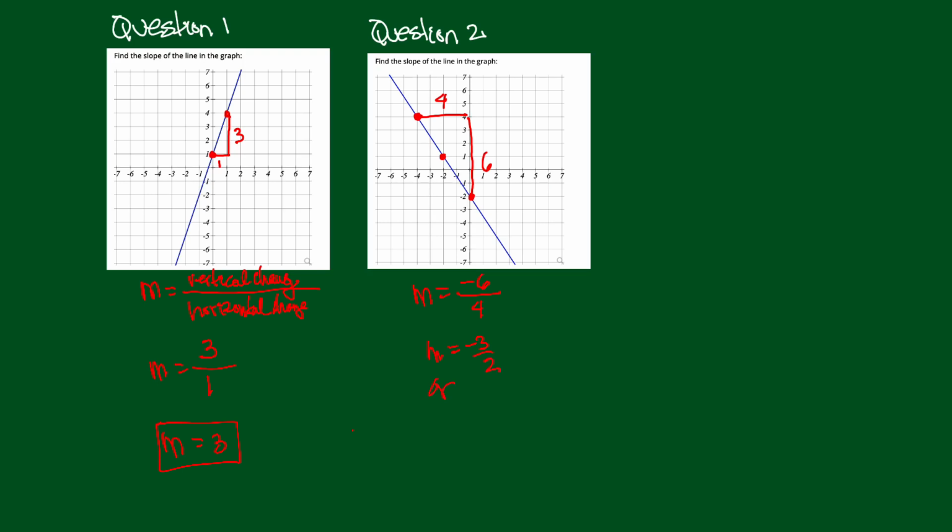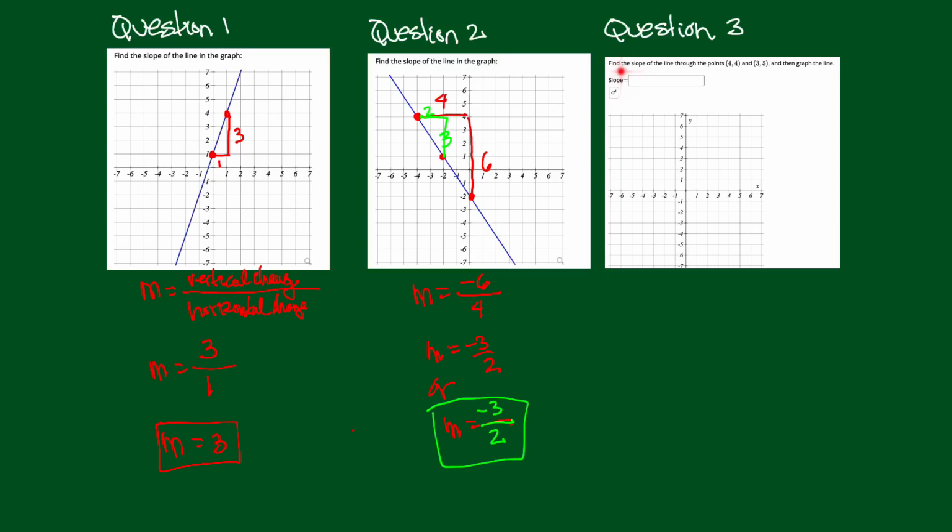Or I could have done this, because I saw that later. I could have gone over 2, down 3, right? Over 2, down 3. So if I do it that way, I still get the same value for the slope, -3/2.